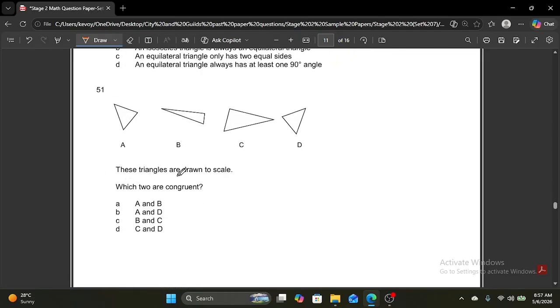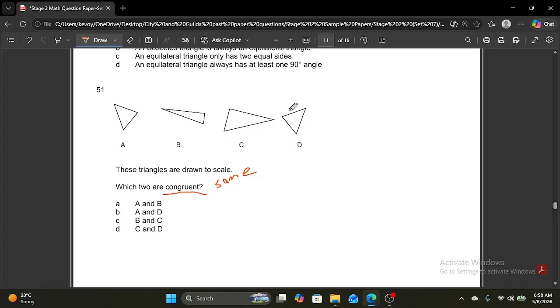These triangles are drawn to scale. Which two are congruent? So congruent means that they are identical. Congruent means that they are the same or identical.